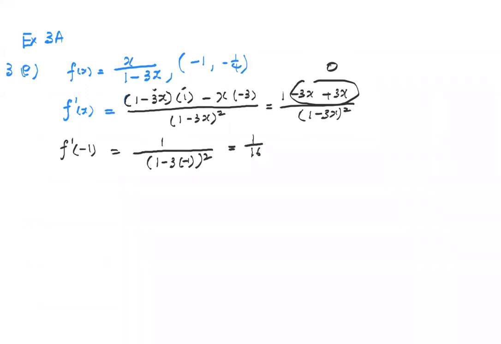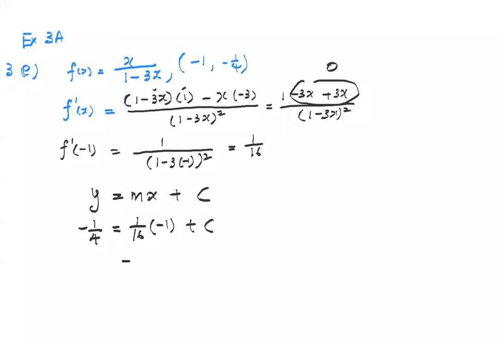You put into y equal to mx plus c. So y is -1 quarter, given by the question already, equal to m is 1 over 16, x equal to -1, plus c.